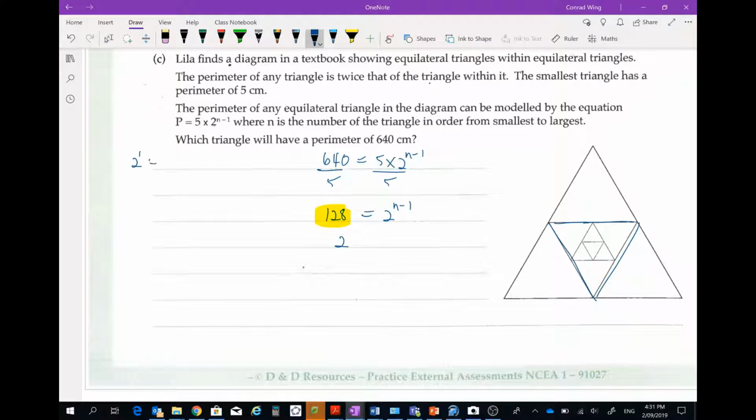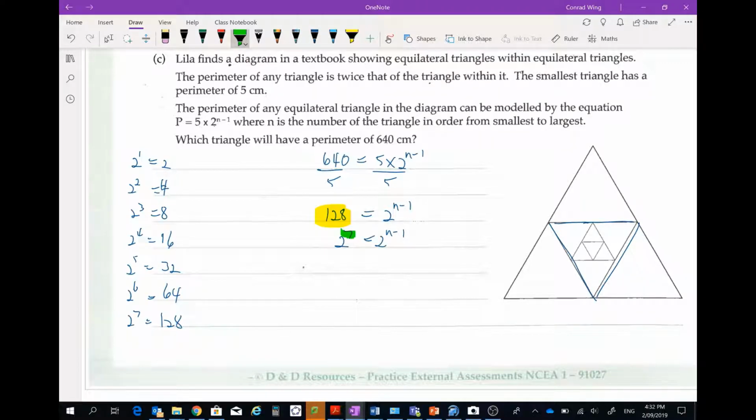2 to the power of 1 is 2, 2 squared is 4, 2 cubed is 8, 2 to the power of 4 is 16, oh sorry, my bad. 16, 32, 64, 128, so this is 2 to the power of 7. 2 to the power of 7 is 2 to the power of n minus 1.